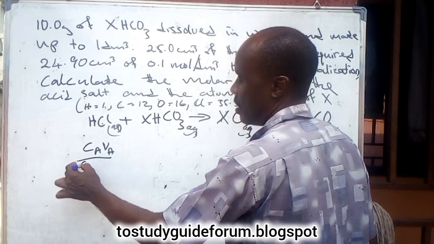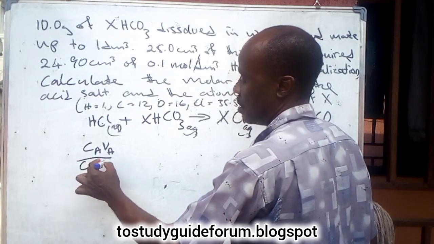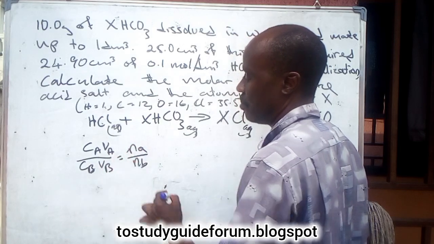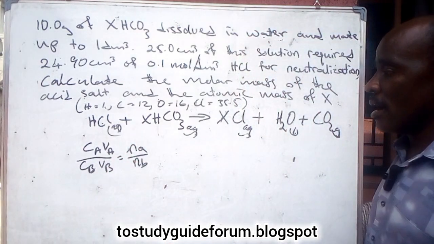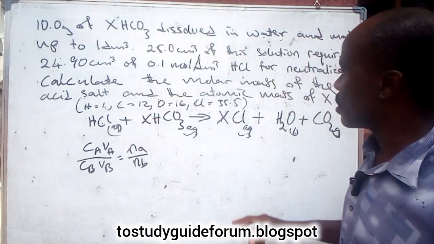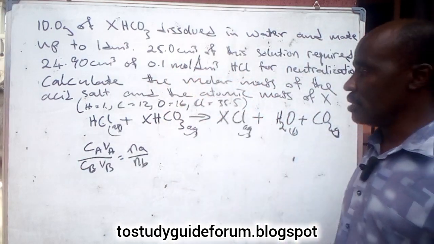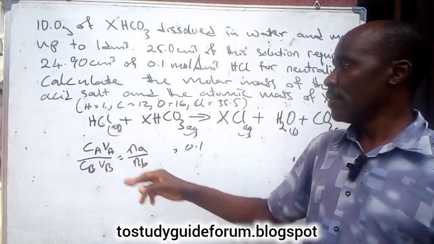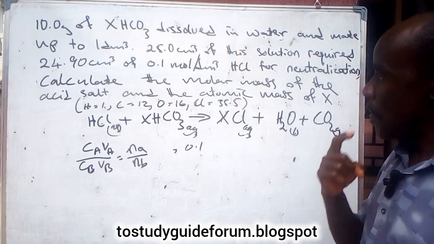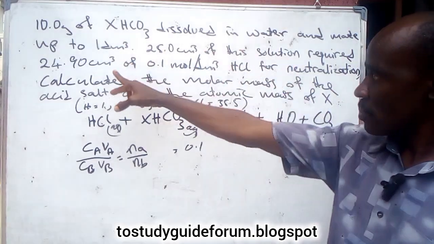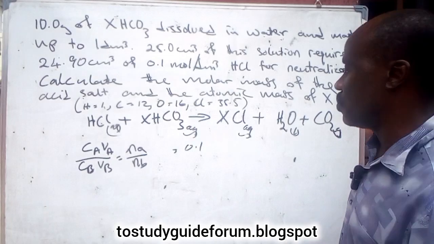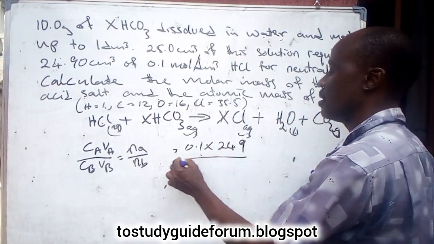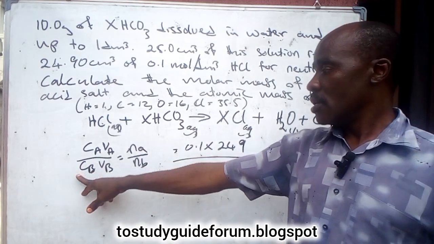calculation. So in this problem, to solve it, we normally use CaVa over CbVb equals Na over Nb, where Ca is the concentration of the acid, which is equal to 0.1, and Va is the volume of the acid, which is 24.9. Now we go down there.